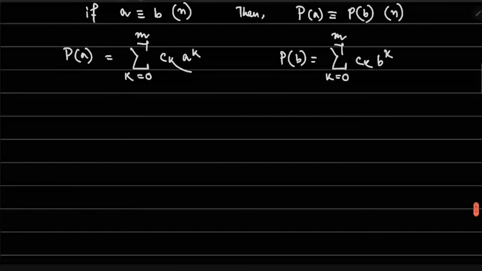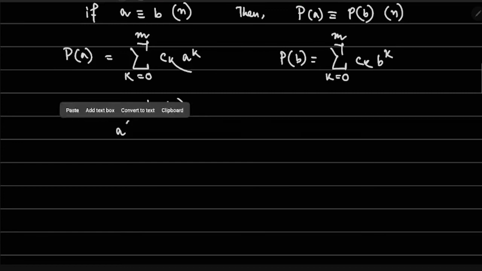Now we have what? a is congruent to b mod n gives us a to the power k is congruent to b to the power k mod n, right?